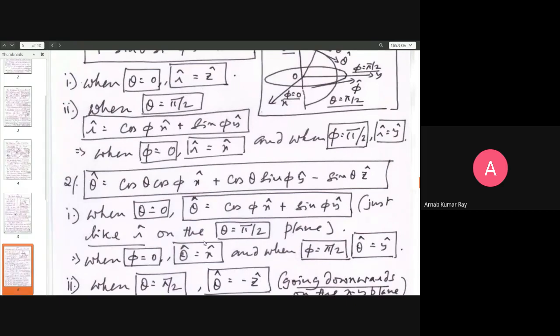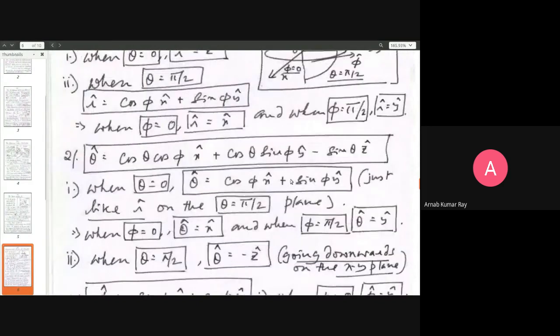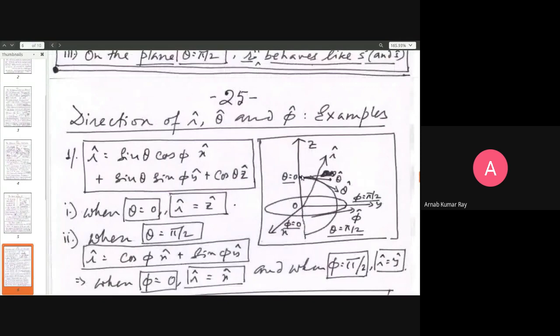It will be just like r cap on the theta equal to pi by 2 plane, meaning that it will depend on the angle phi. For instance, if you are here, and angle phi is 0 degrees, then tangentially it will be pointing along the x direction.